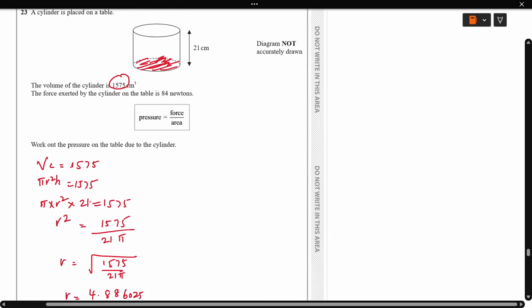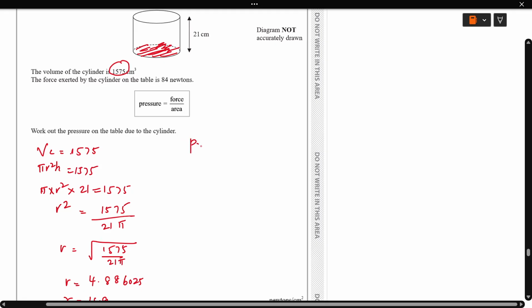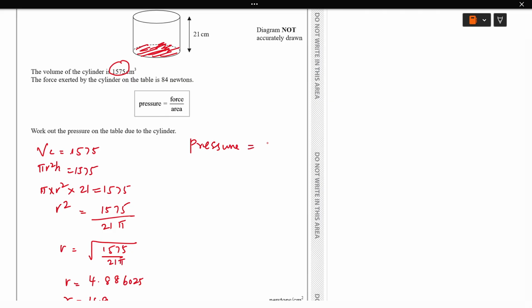Now I got the r value, so now I can find the pressure. Pressure equals force, which is 84, divided by area, which is pi r square.